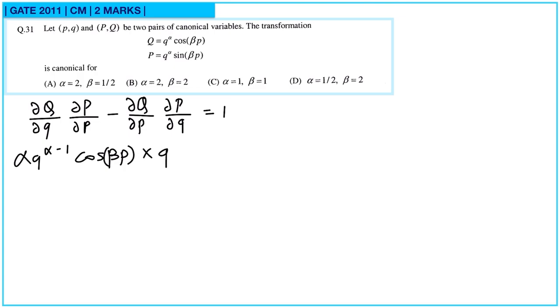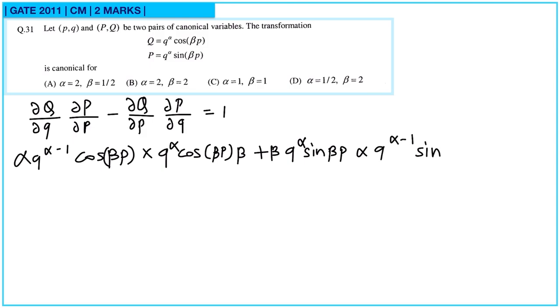Next, dou Q by dou p is equal to q raised to alpha, and cos will become minus sin, so this sign will be plus, into beta sin beta p. And dou P by dou q is alpha q raised to alpha minus 1 sin beta p.